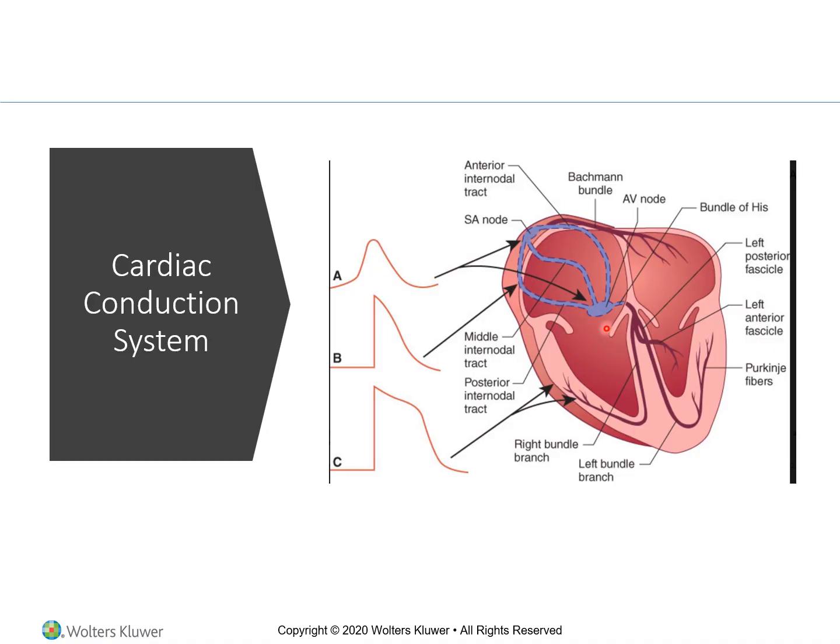The internodal tract, the Bachmann bundle, helps that electrical activity travel from the atrial area to the AV node. And then you see it as it hits the AV node and heads down into the bundle branches.